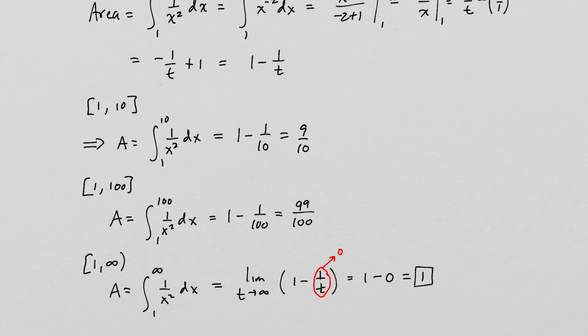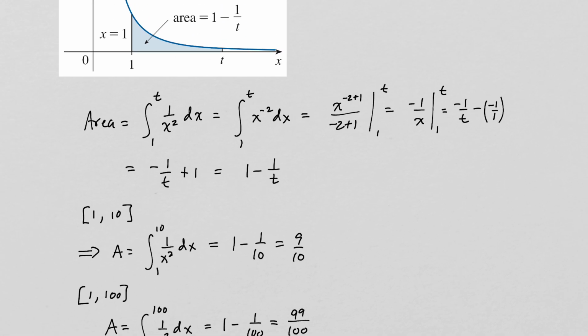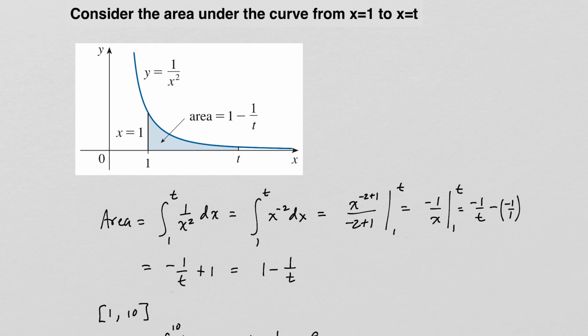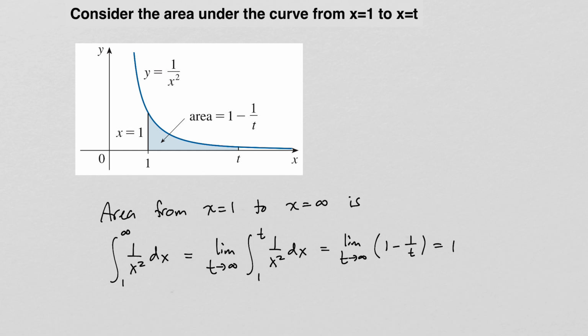And so when we have an integral that has an infinite limit, we can define the integral to simply be the limit as that value of t approaches infinity, or I should say as the value of t gets larger. And that is in fact what we're going to do. And so I'll just summarize that here.